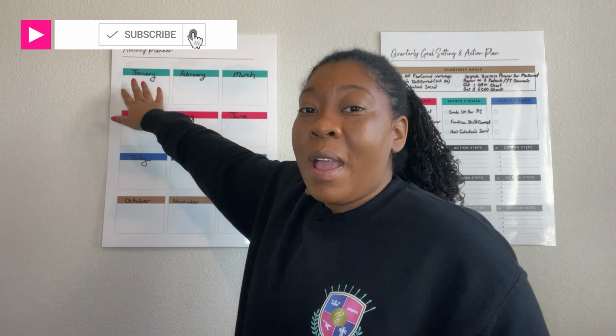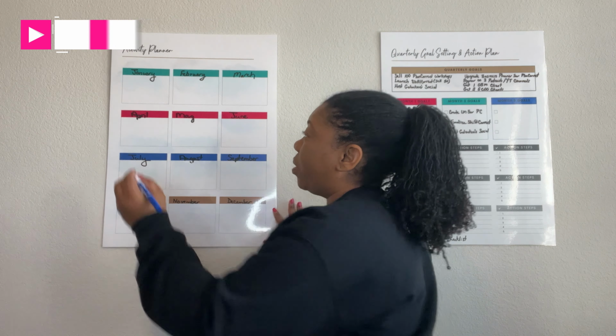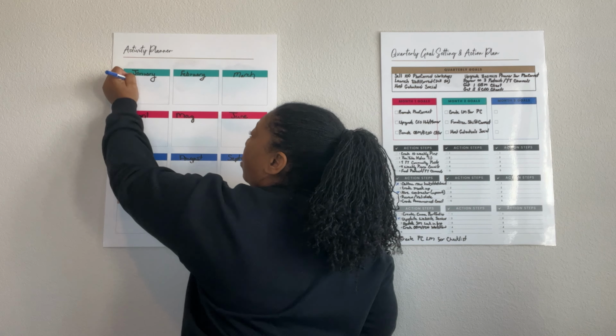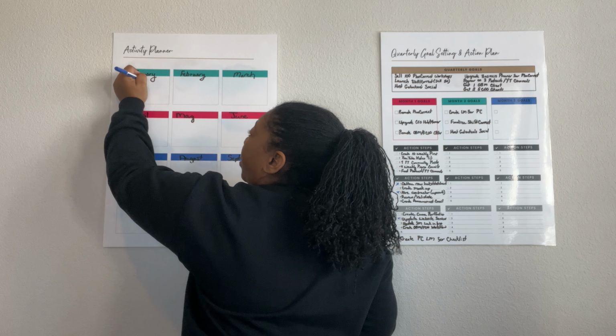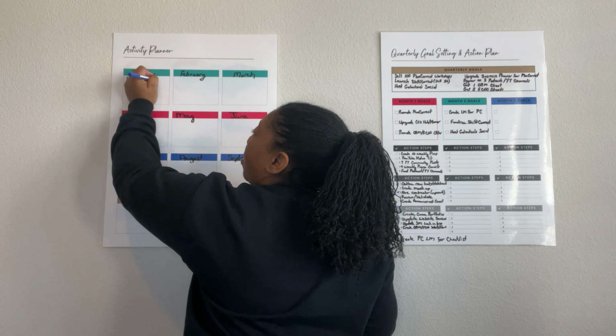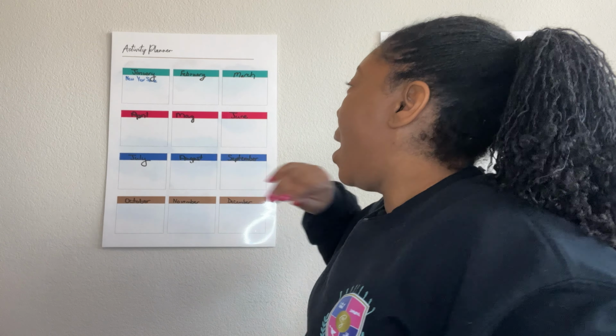For example, you have the New Year in January, so I typically would do some type of New Year sale, and this is when I'll promote my business planning workshop. And then in February you have Valentine's Day.